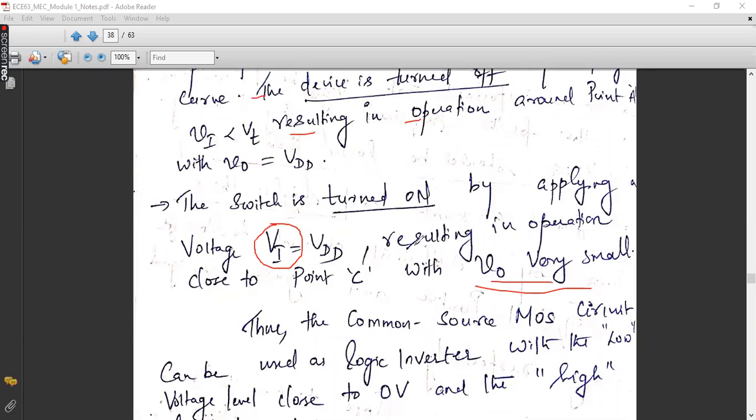So you can drive your transistor into the on position if you shift your Q point towards B and even more towards C. Whenever you fix your Q point close to point C, we can say that the MOSFET is working as a perfect on switch.